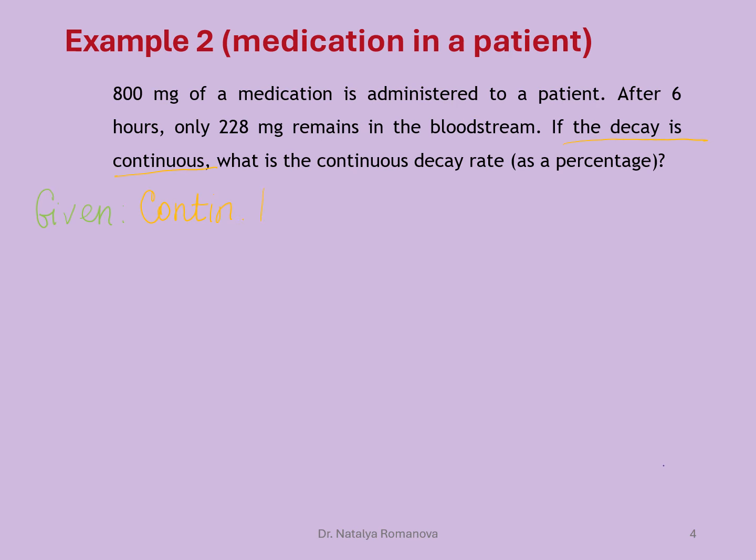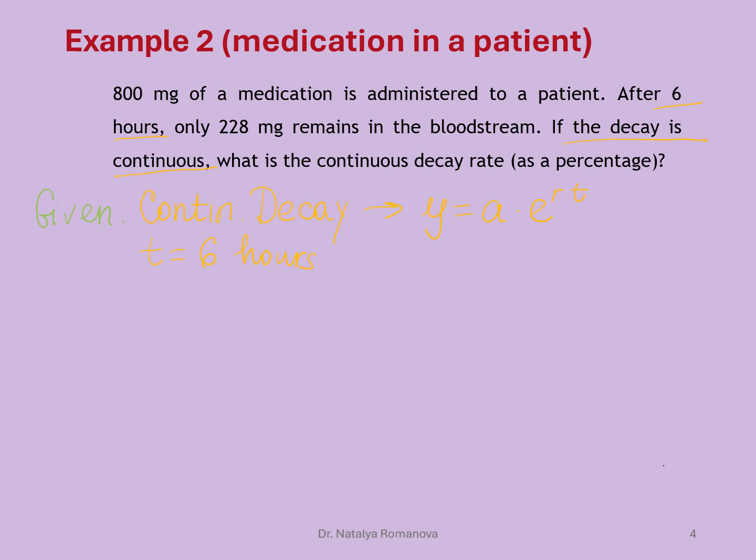For a continuous decay process, we will use the formula y equals a times e to the rt. We have 6 hours, so time equals 6 hours.